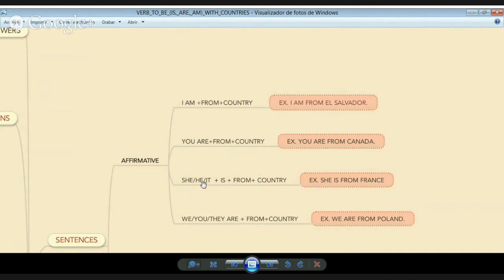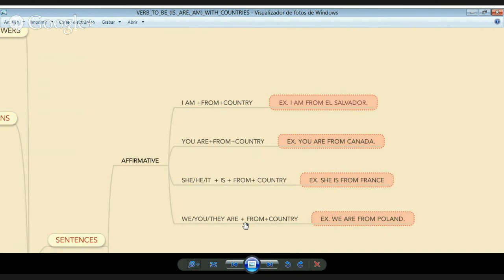Cuando usamos la tercera persona singular, she, he, and it, so basically you can use this structure, okay? So you say, she is from France. He is from France. It is from France. This is an affirmative sentence with the third person singular. Then you have we, you, and they plus are plus the preposition from.